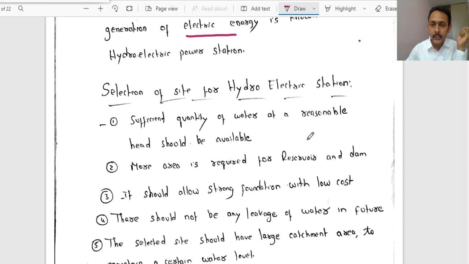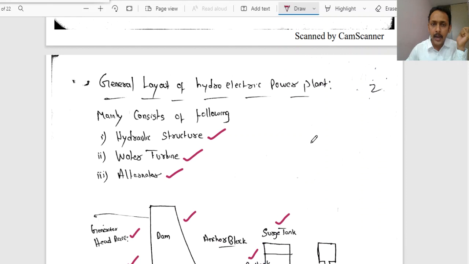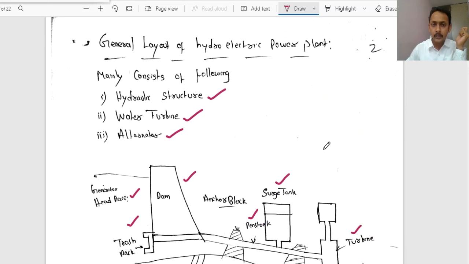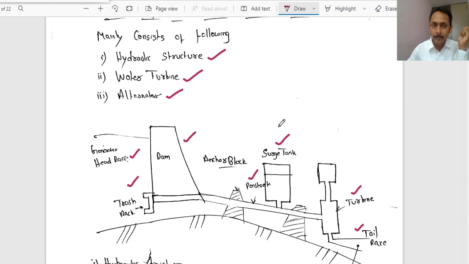In that process, if you observe the layout, the components can be divided into the components related to the hydraulic structure, water turbine and alternator. As we are familiar, this alternator is going to convert the mechanical energy into electrical energy.